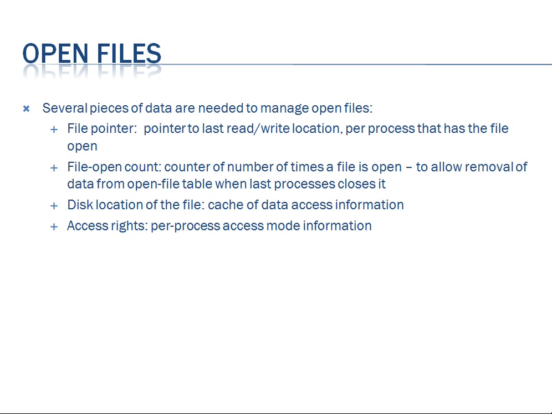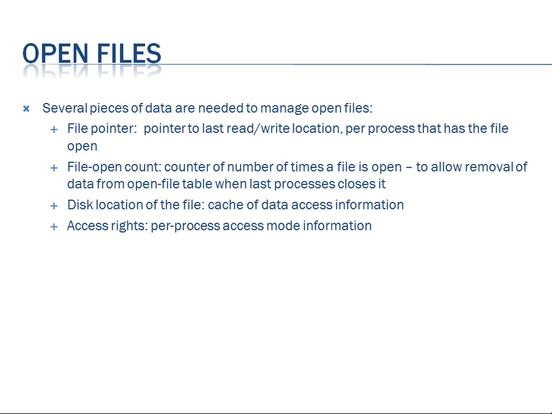Files are again a resource needed by the process to complete its execution. So here the open file count will indicate the number of times a file is open, and once it is open, the entry is made in the open file table. This will indicate which process closed this particular file last, that is, most recently closed.